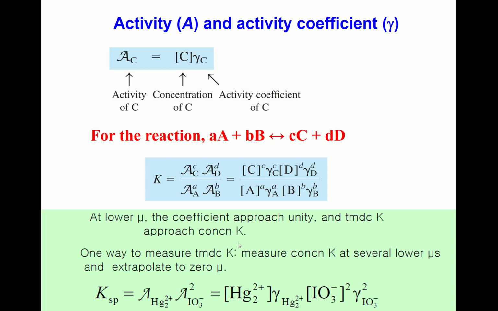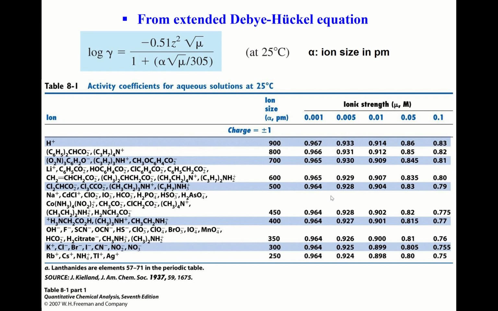And for the iodate case, using activity is now a more accurate expression, and it can be translated into concentration and activity coefficient.